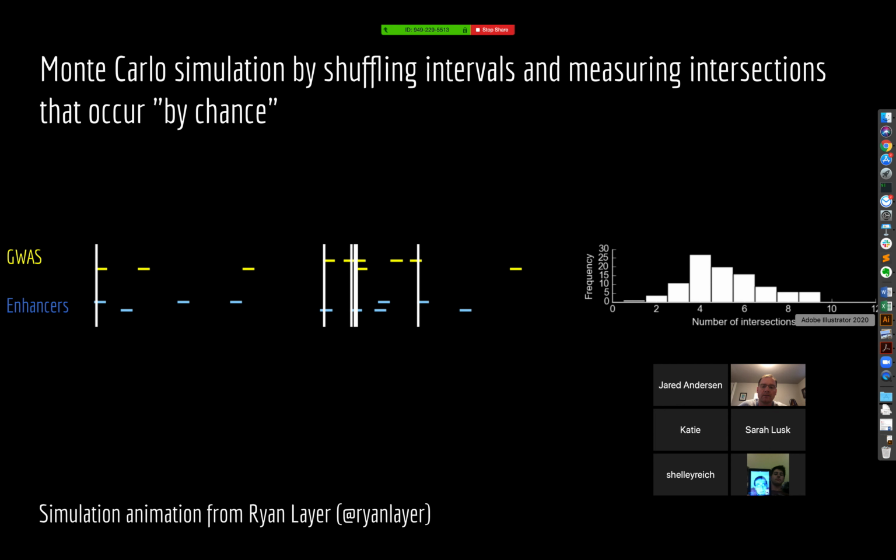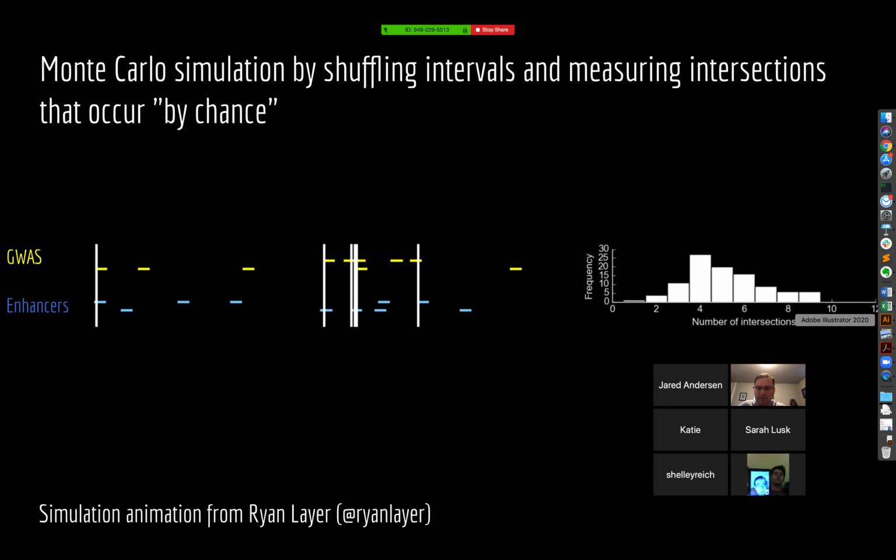The null expectation should come out roughly the same if you shuffle both, you shuffle one and not the other, or you flip it and shuffle the other one and keep the first constant. There are some caveats to that that I'm going to talk about in just a second, but as a basic rule of thumb, it should work out the same way. Any other questions?